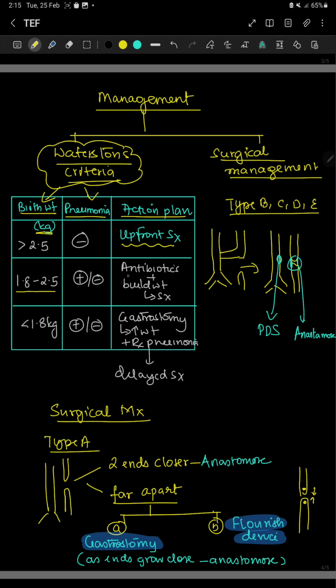be present. Then you treat pneumonia if pneumonia is present using antibiotics and try to build the weight to 2.5 kgs. Then after these two things are met, you can go for surgery.